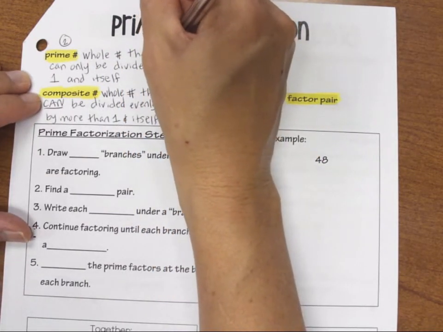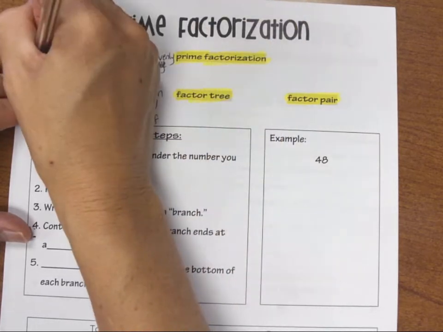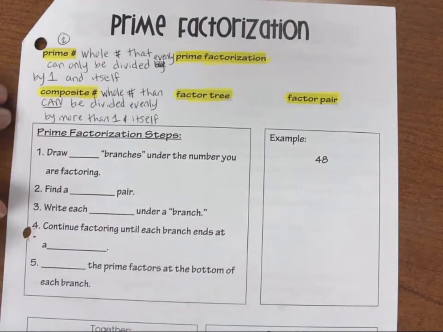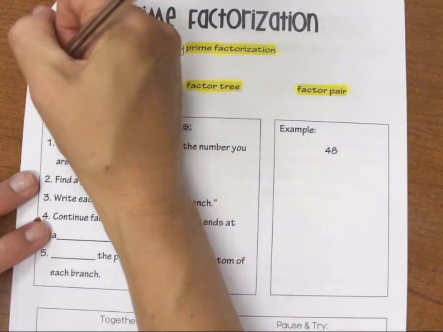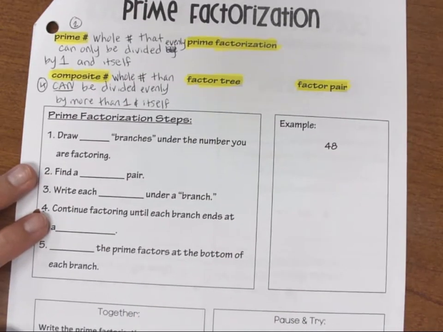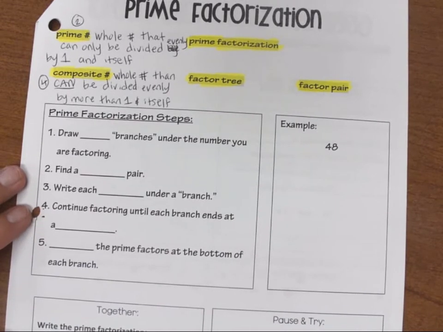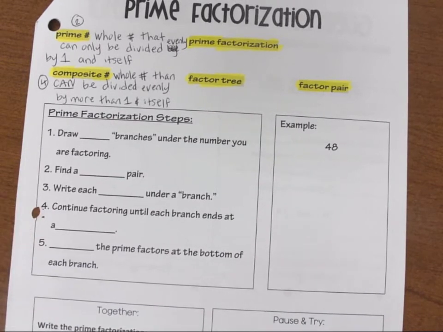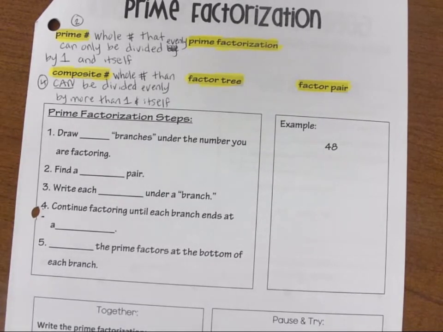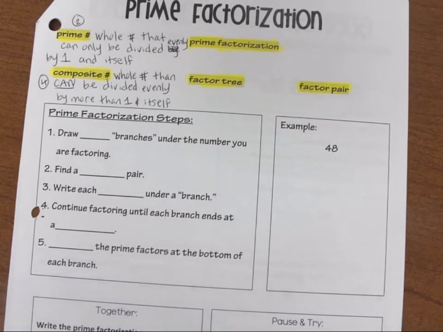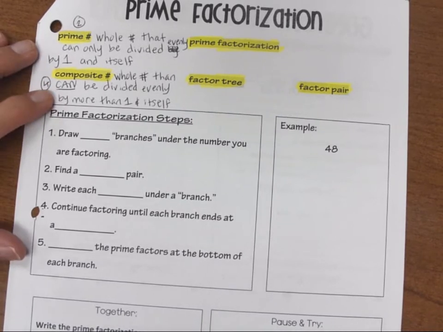Divided evenly by 1 and itself, if you fix that. An example of a composite number then is like the number 4, okay? Because there's more ways to get the product of 4 besides 4 times 1. You can do 2 times 2, for example. So 4 can be divided evenly by 1, it can be divided evenly by 2, it can be divided evenly by 4. So that makes it composite.